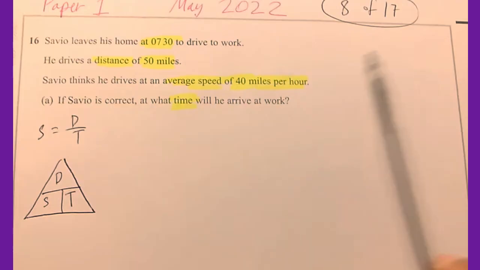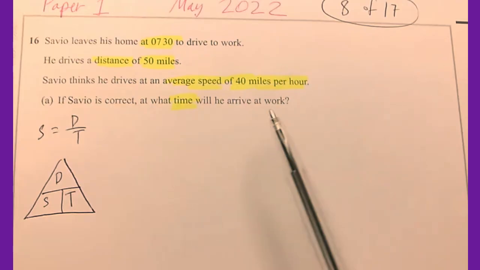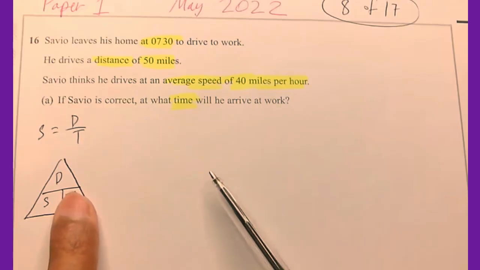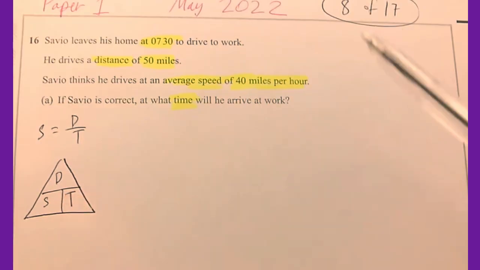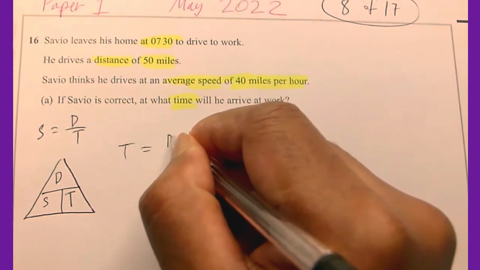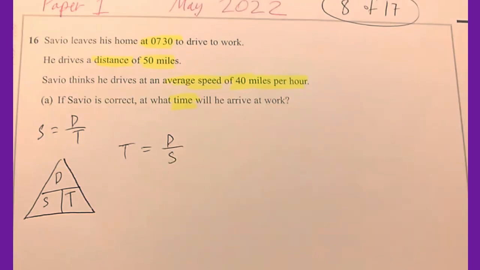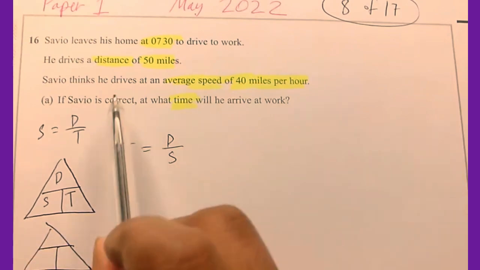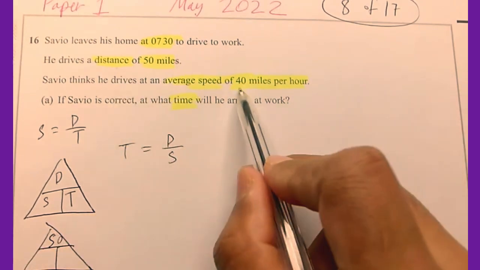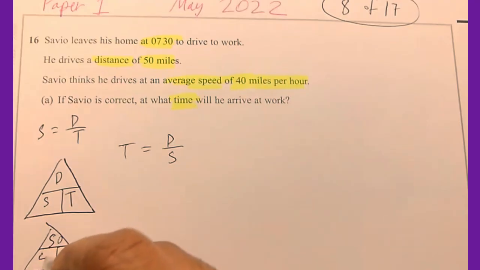All right, so now we need to work out the next part, which is time. So we need to cover time, t. So that's distance divided by speed. So time equals distance divided by speed. I can see from here my distance is 50 and my speed is 40.